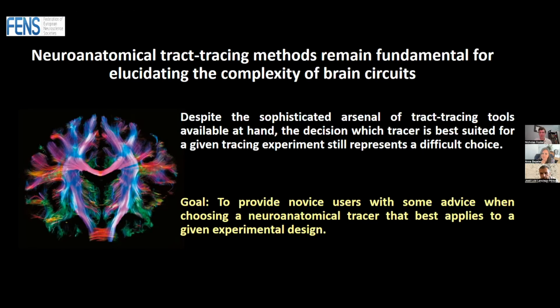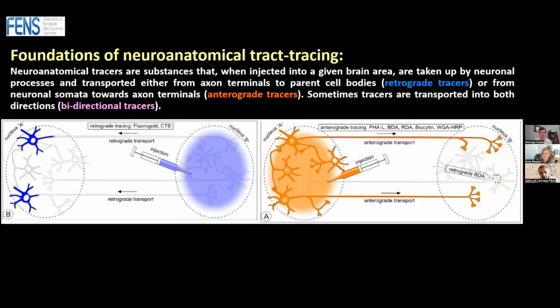What can be done with tracers is quite impressive, particularly with the new arrivals that Nicolas and Anne will be dealing with. In principle, it's very easy to provide a definition of tracers. They are substances that are injected in the brain and taken up by neuronal processes.